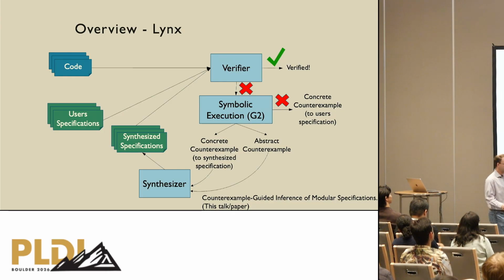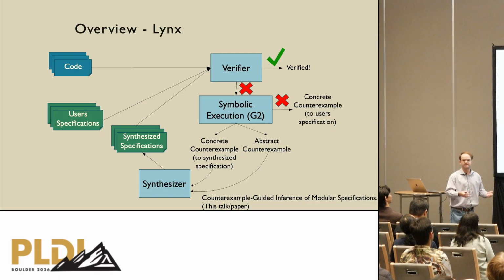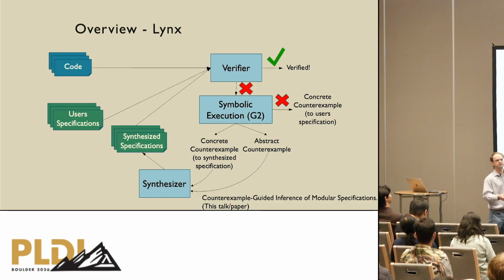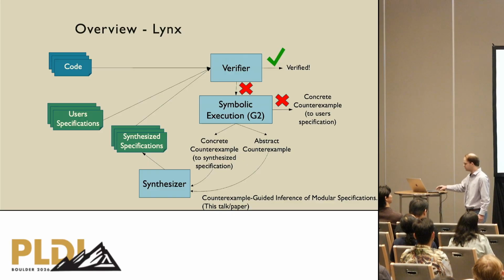So that's the previous work, finding these concrete and abstract counterexamples. What we then said is, well, we're getting these counterexamples, we can show them to the user. Hopefully they're helpful to the user in debugging. But really, it would be nice if we could just automate the process of modular verification and automate finding these specifications.